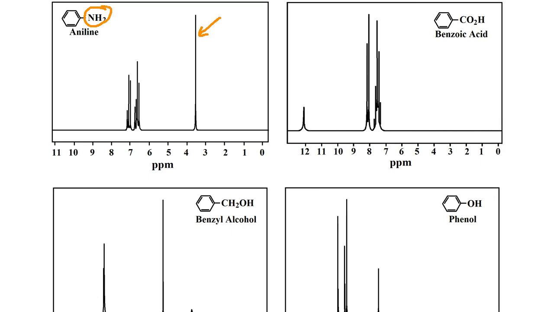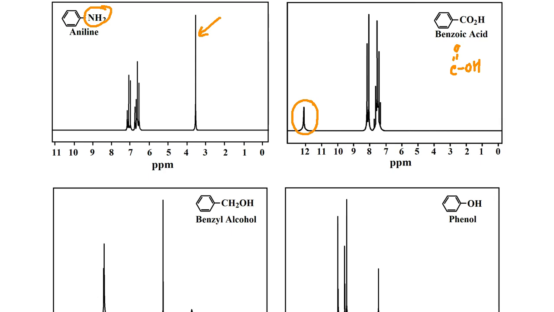Now, benzoic acid, and if we were to draw out this group, it would be COOH. Well, the benzoic acid, we said that carboxylic acids are going to be very, very high, somewhere between 11 to 12.